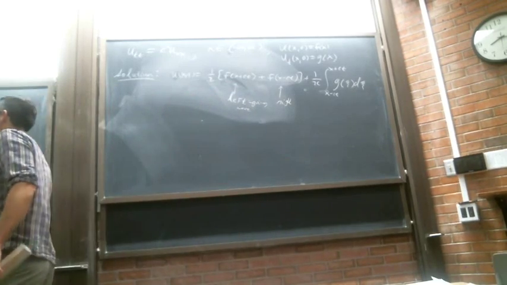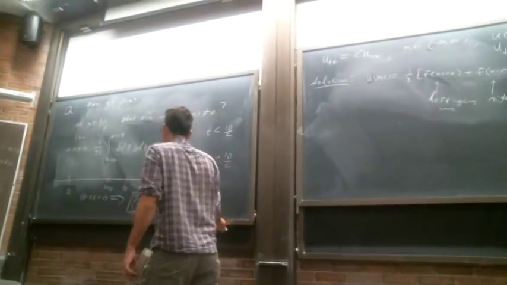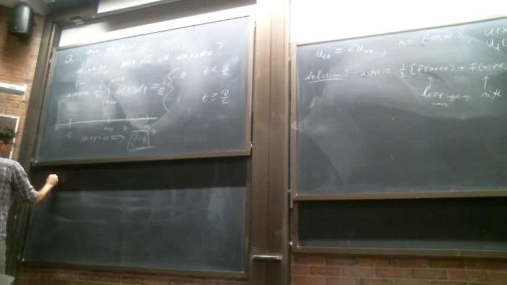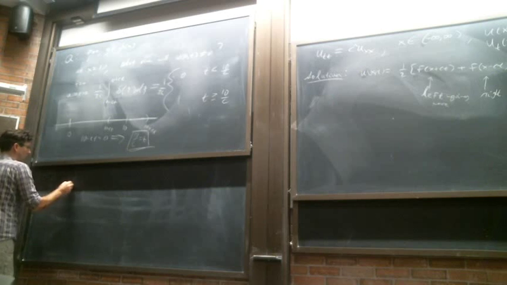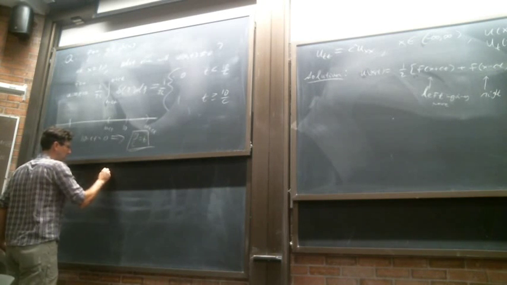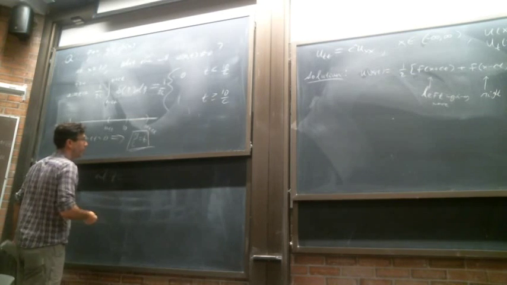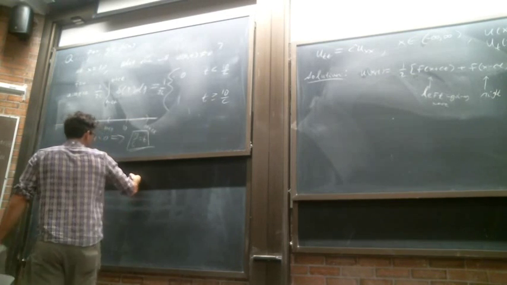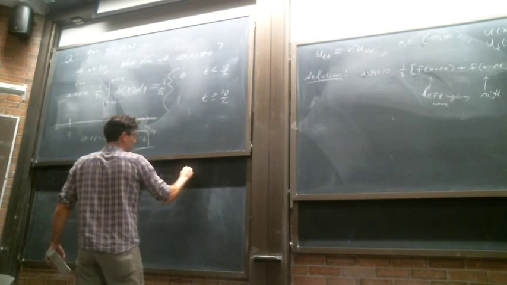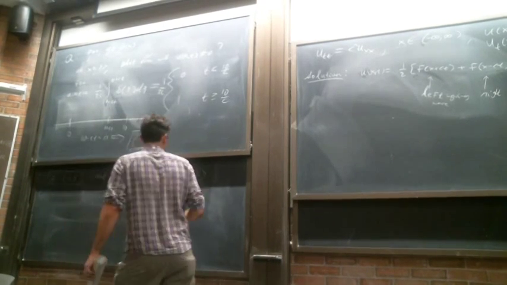Let's maybe do another one here. If c is equal to 1, okay, keep it simple, and t is equal to 2, draw u of x comma 2.